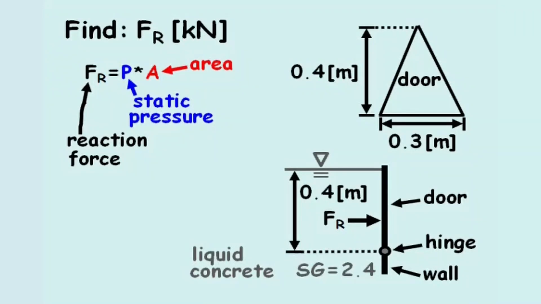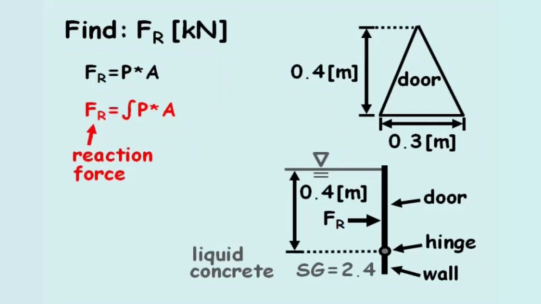Also, we must recognize that the static pressure, P, is not a constant and varies with depth, in which case the reaction force, Fr, equals the integral of P times dA over the entire area of the door, A.